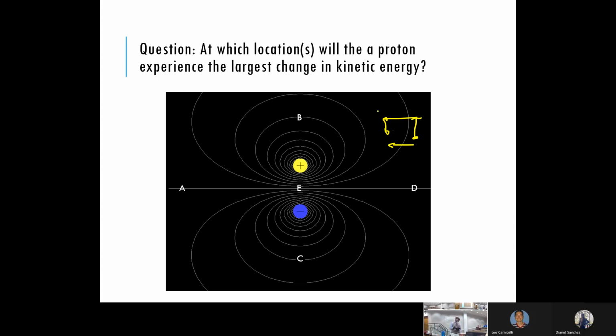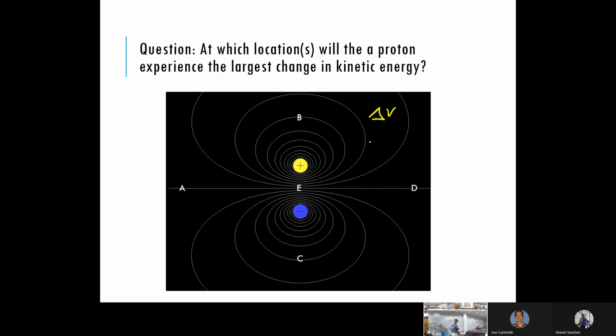Let's see, what do you mean, Greg? Let me ask you this. At what location will you have the greatest change in electric potential? Survey says E. Why? You say the lines are closest together. Greatest change in electric potential where the lines are closest together. Steepest slope still.